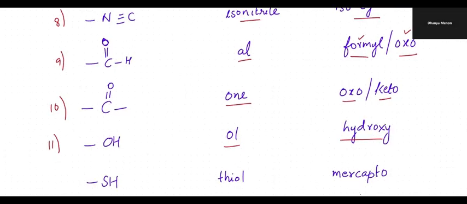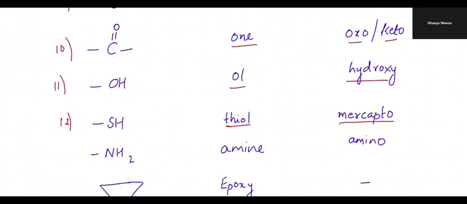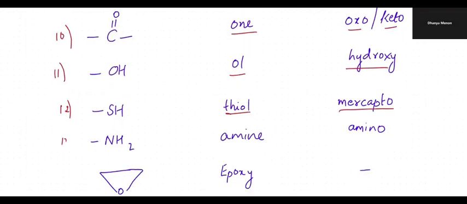The next one is thioalcohol. The suffix is thiol and prefix is mercapto. Okay. The next one is amine. The suffix is amine and prefix is amino.